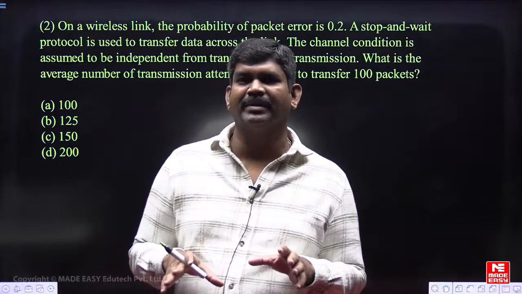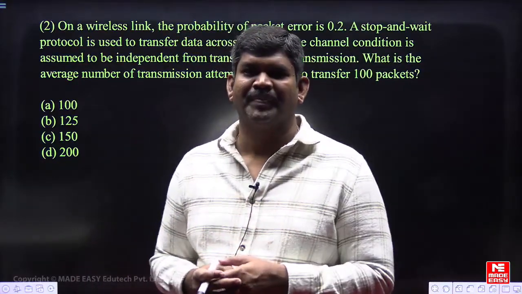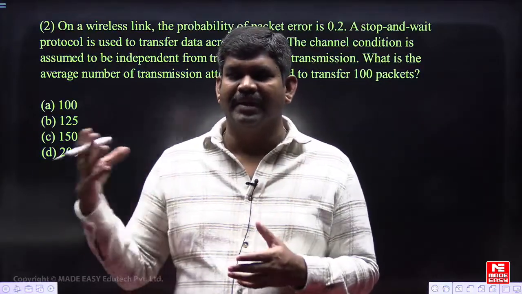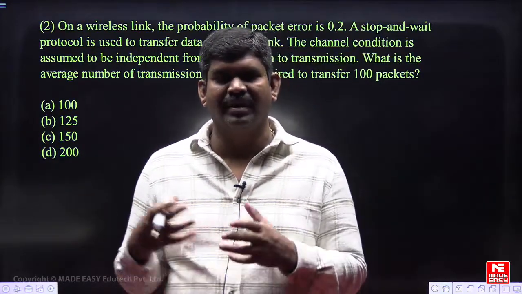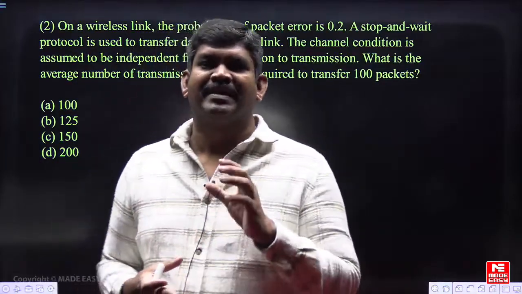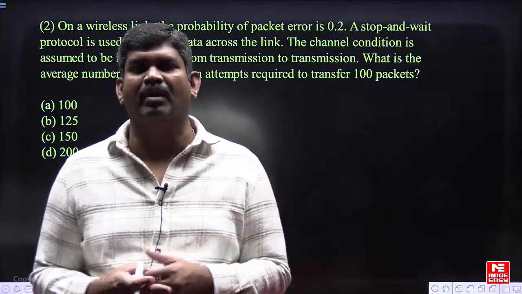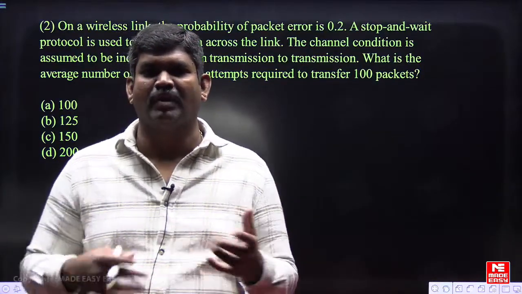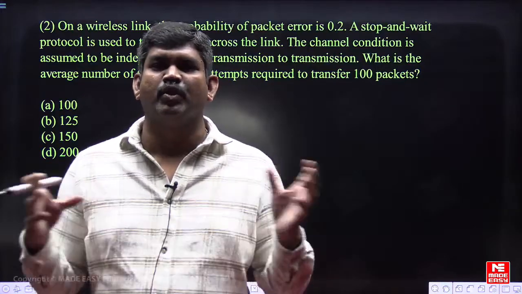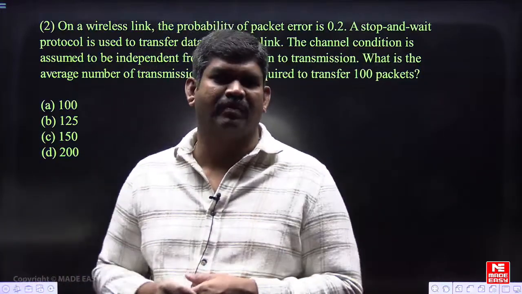So based on that, probability is involved in this question. Probability here means, on average, how many times the packet or frame has to be retransmitted so that it is successfully received. Normally when we use a word like mean or average in mathematics, when the number of terms is fixed, you just add them and divide by the number of terms.